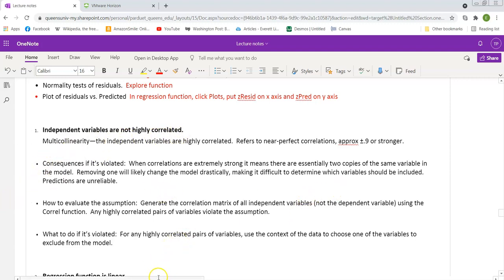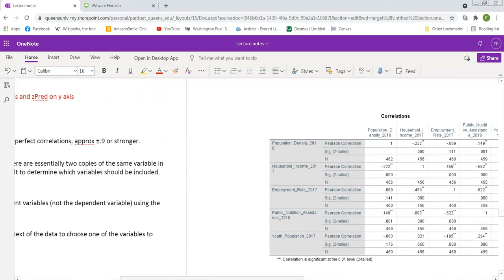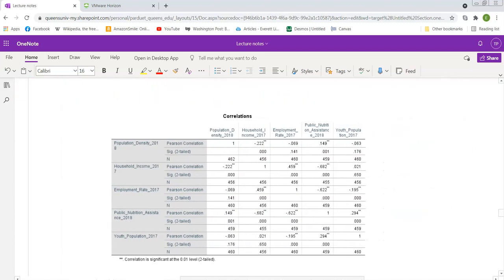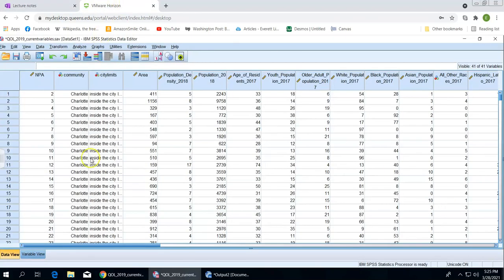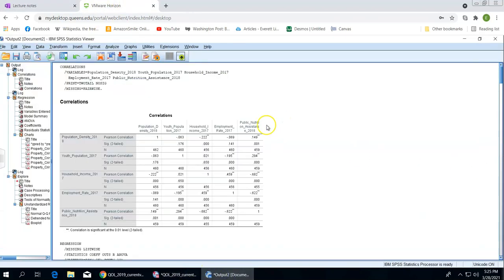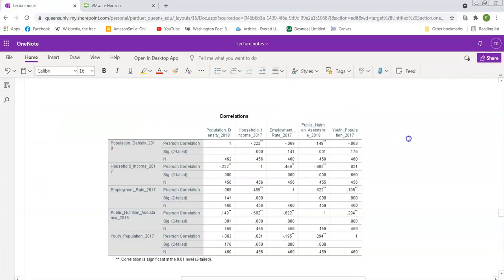Let's look at this assumption with our data. I already copied our output over here. This was the first thing from the output. If we look through these correlations, all of the correlations above this diagonal, I'm not seeing any that are strong enough to be concerning. The strongest one of these is negative 0.222.